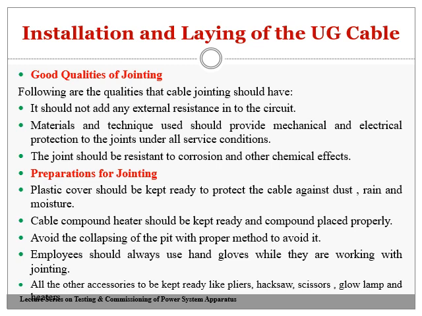Now, what are the precautions or preparation that has to be done for jointing? Plastic covers should be kept ready to protect the cable against dust, rain, and moisture. First of all, you have to find out the area where the cable is punctured. That cable has to be removed, and a certain part has to be cut down.